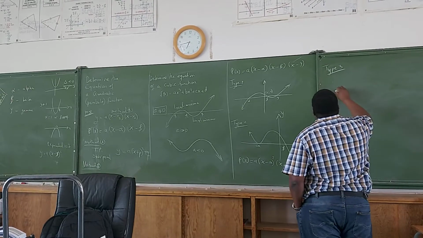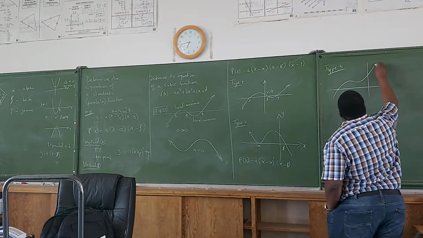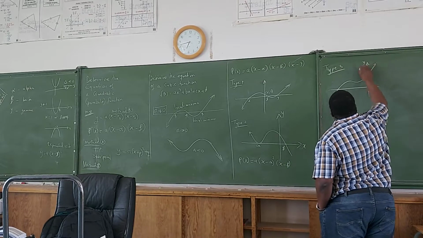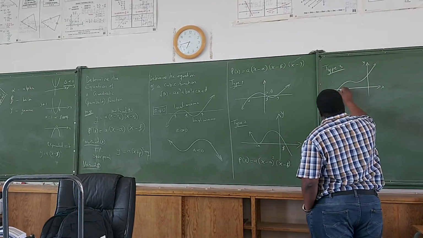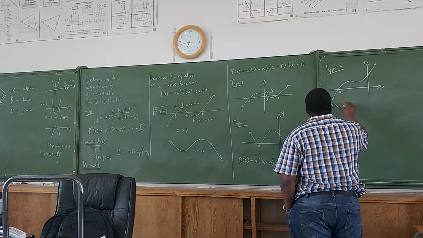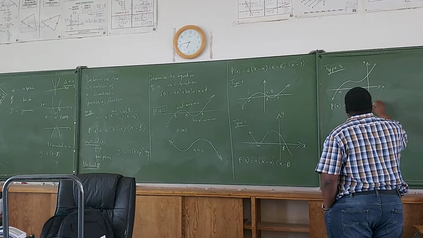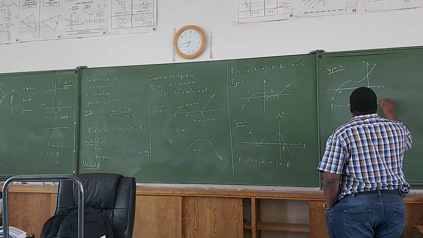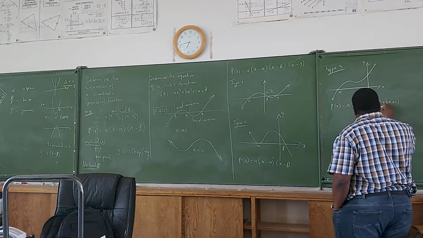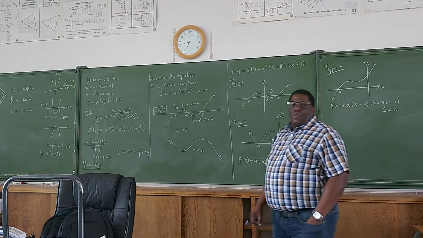A third type could be where it only cuts the x-axis at one place. This is the type where the polynomial is a times x minus alpha, times ax squared plus bx plus c, where delta here is less than 0.